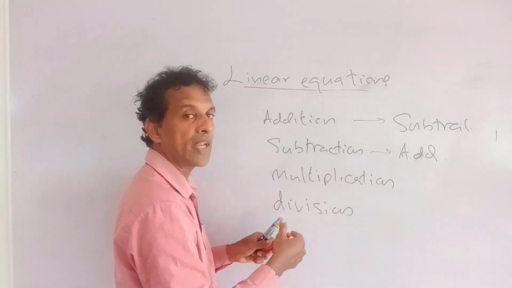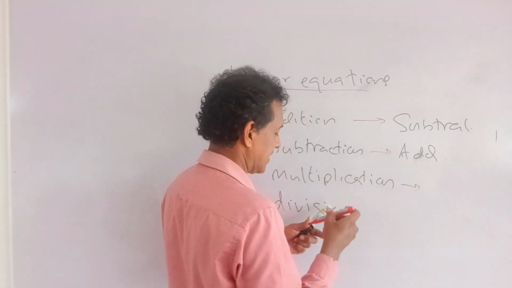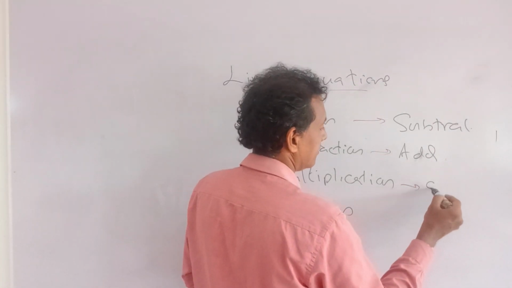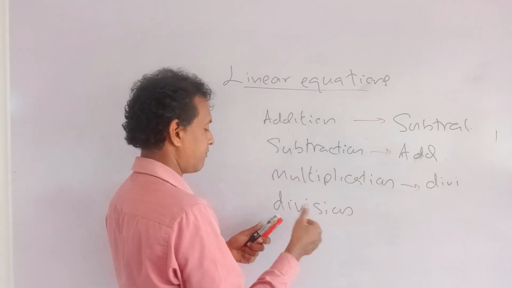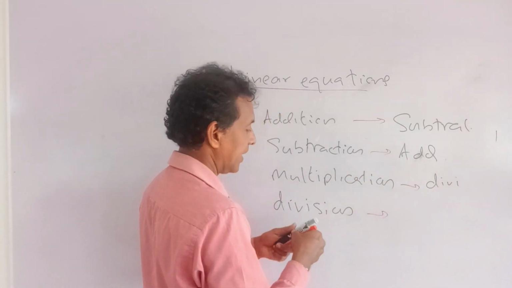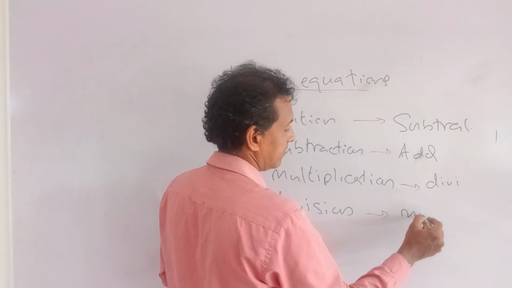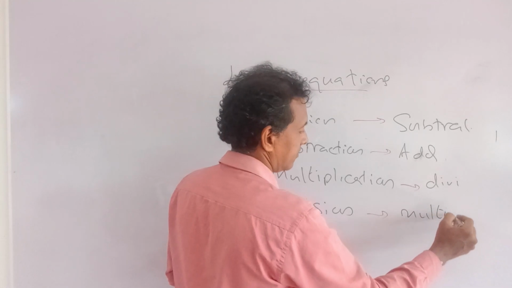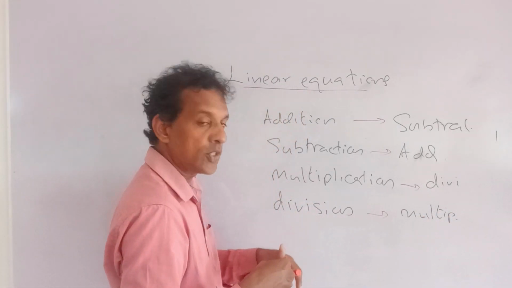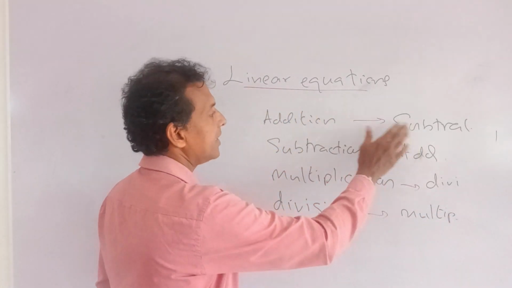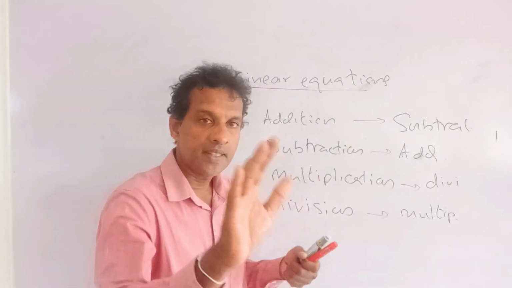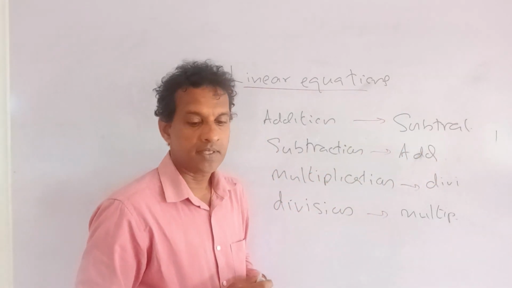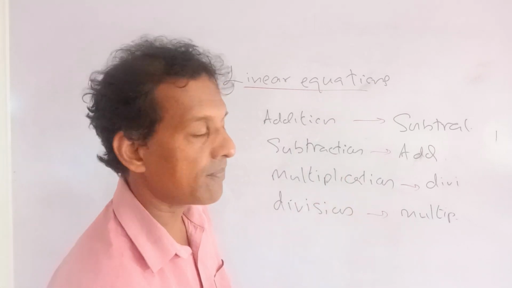Then the inverse operation of multiplication is division. Then the inverse operation of division, we know it's multiplication. So these are the inverse operations. This is what we are going to use to solve these equations I mentioned. So let's see how this works, right?